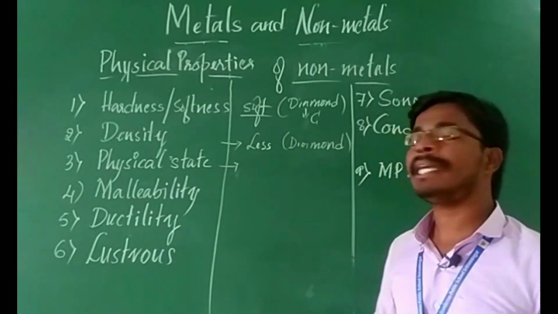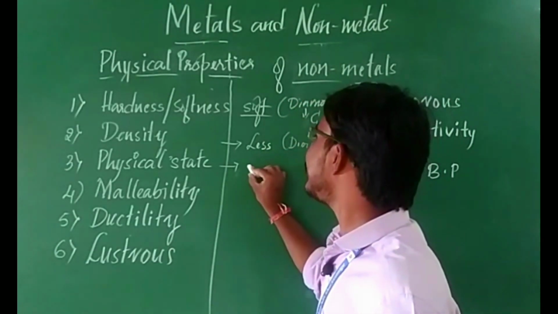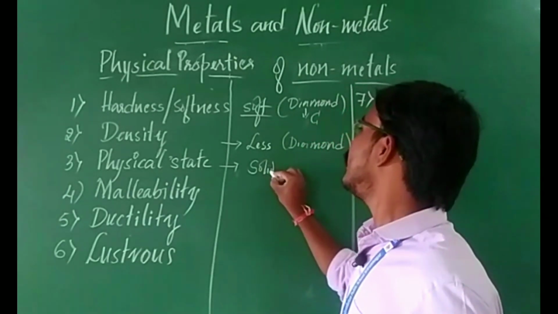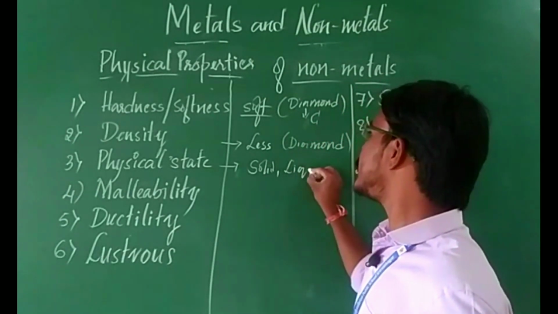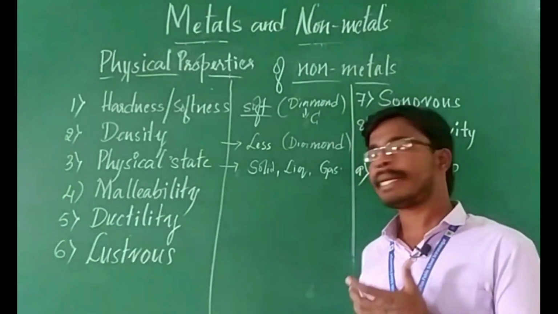Then the next property is physical state. Non-metals exist in three states: solid, liquid, and gaseous. Nearly 22 non-metals are there.